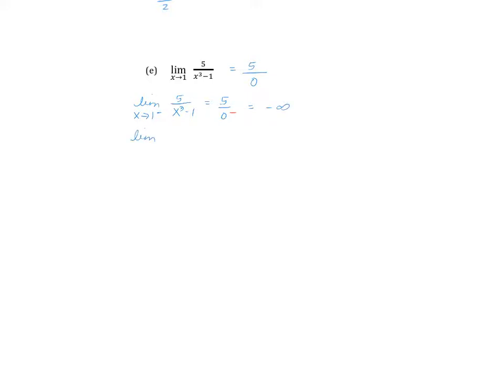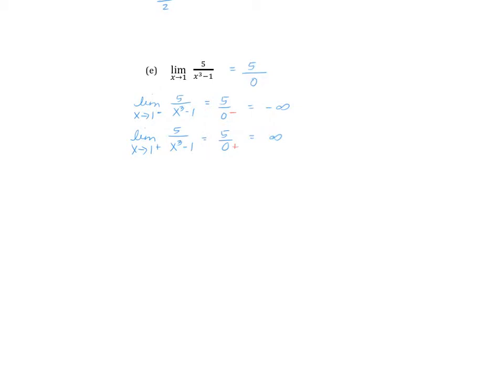When I come in from the right, so as x approaches 1 from the right of 5 over x to the third minus 1, I get 5 over 0. Is it a negative or a positive? Numbers larger than 1 mean my denominator is going to be positive. Positive over positive is positive infinity.